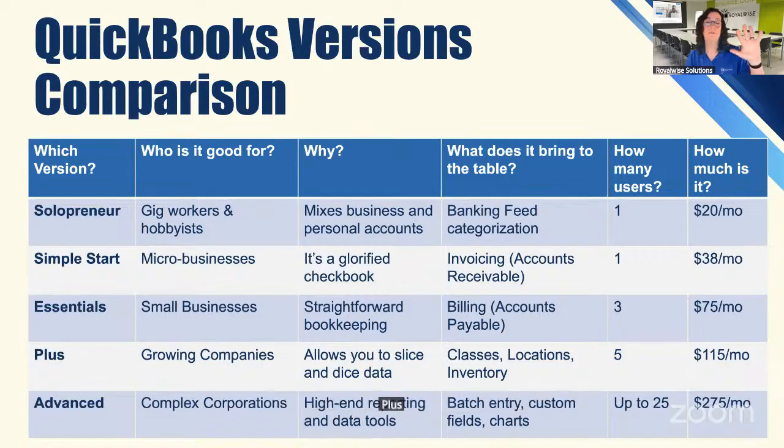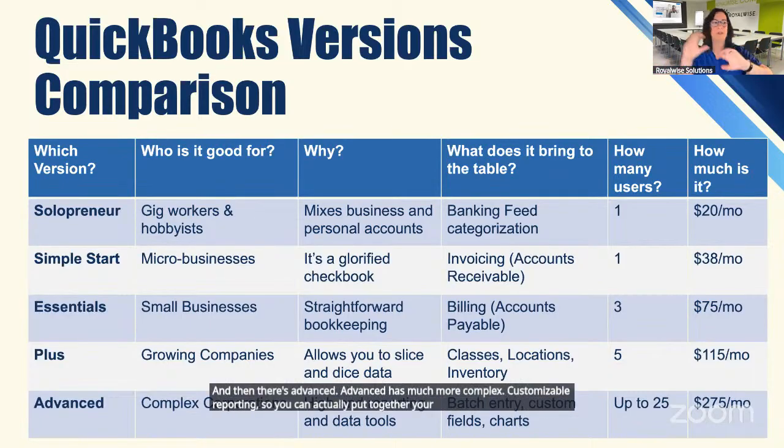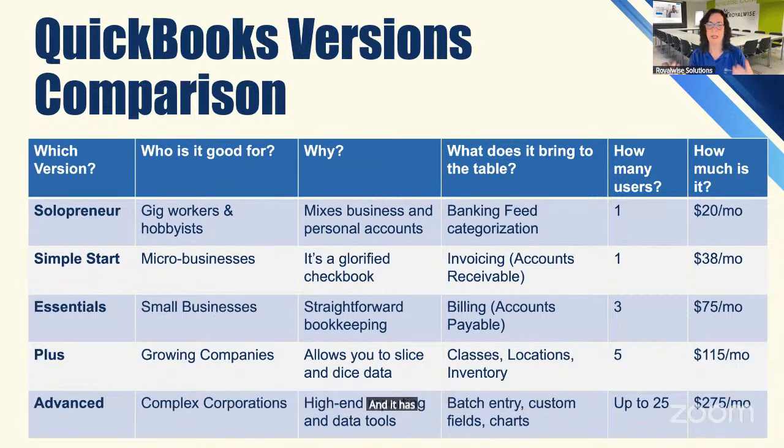Plus also gives you 5 users, so you and your staff can all log in independently, in addition to the 2 accountant user spots. And then there's Advanced. Advanced has much more complex customizable reporting, so you can actually put together your own reports with information from all different tables, and it has performance centers and dashboards.